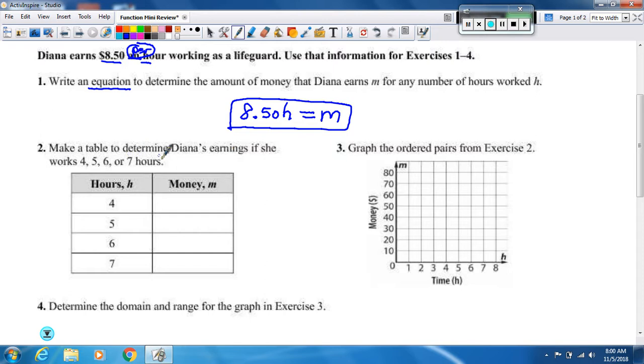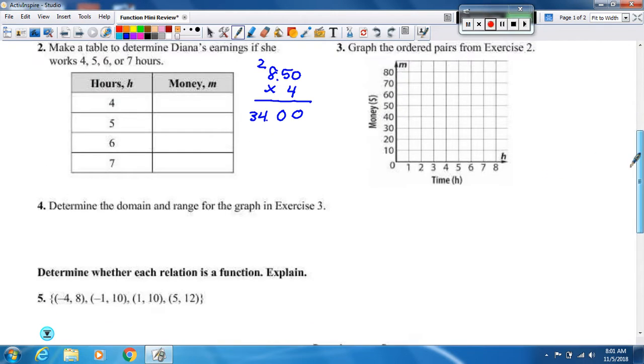Make a table to determine Diana's earnings if she works 4, 5, 6, or 7 hours. So what you want to do is take $8.50 times 4, which is $34. That's $34 that she earns for 4 hours.